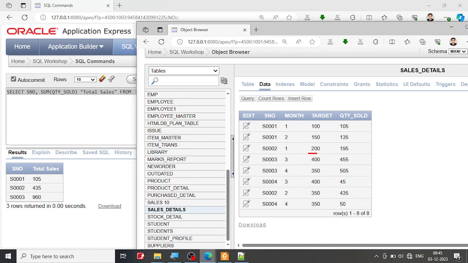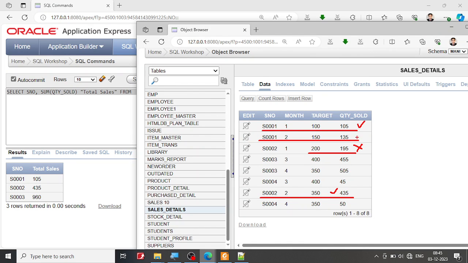The 200 was the target, and 135, 195, and that is why this cannot be considered. For the same second one, this target is achievable. For the first target, I think I am getting confused. 105 is achieved, and serial number 2, okay, this is correct.